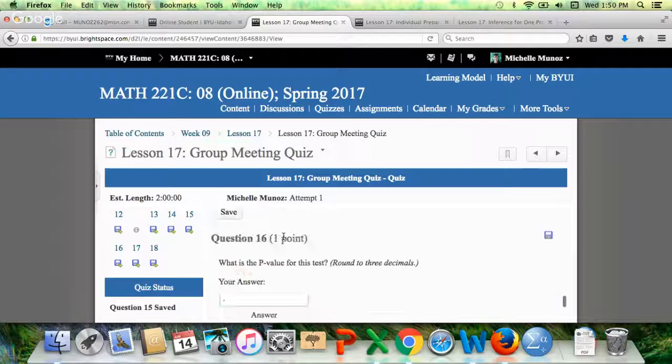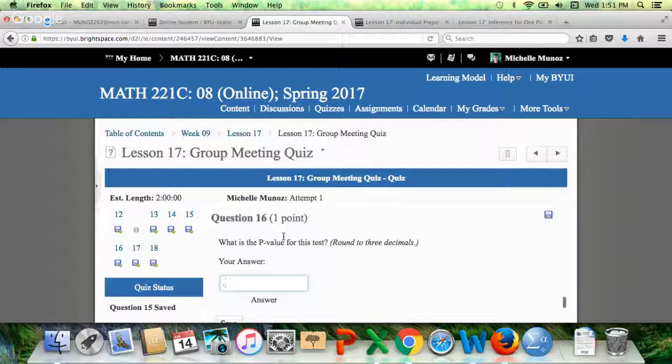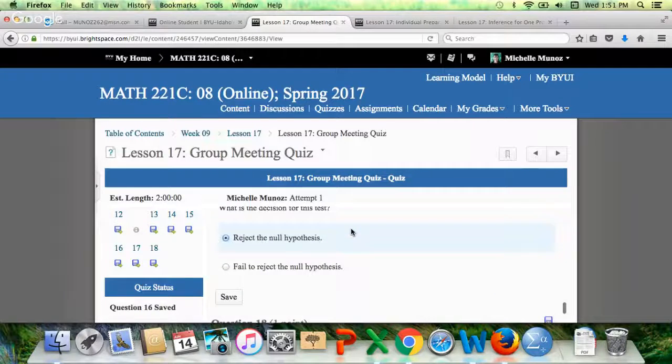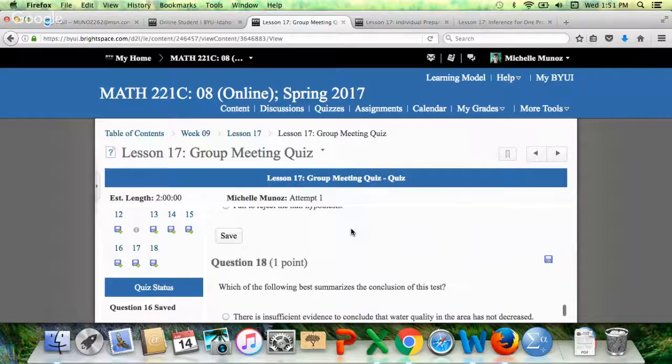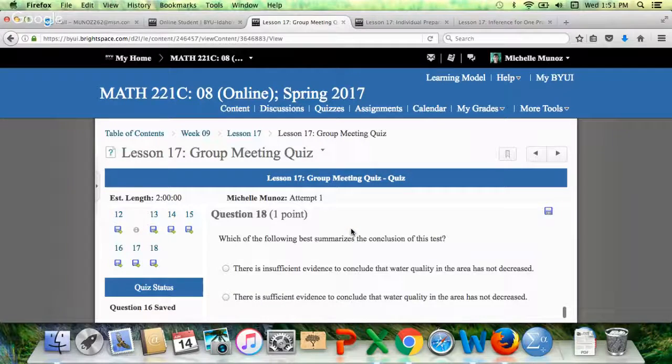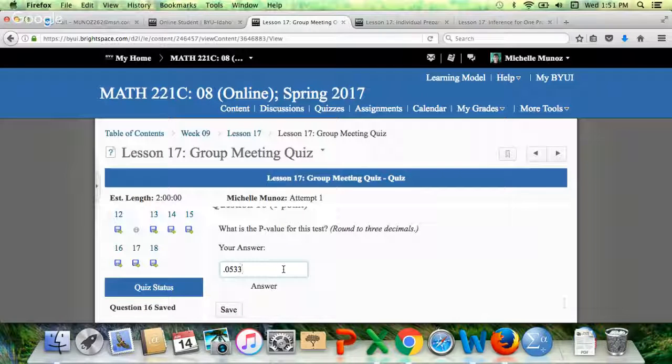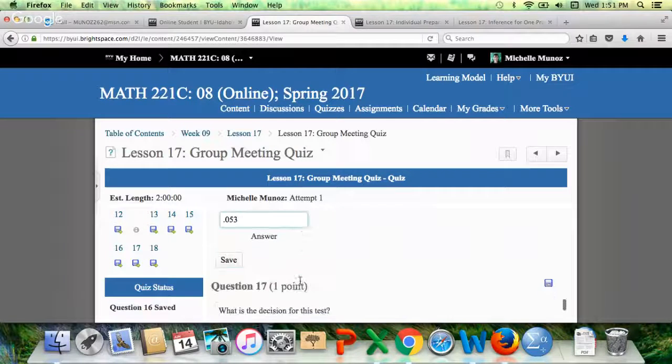Yeah. Okay. And then number 16 is positive 0.0533. Yeah, that's what I wrote down. But I think if you round it, it'll be 0.053. Oh yeah, you're right. Okay.